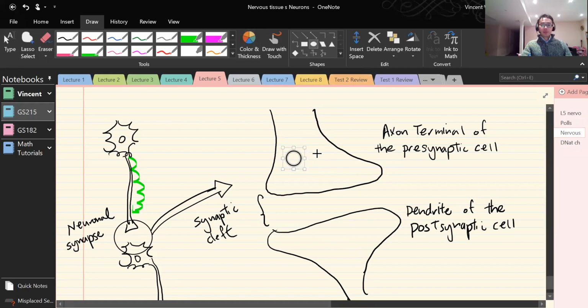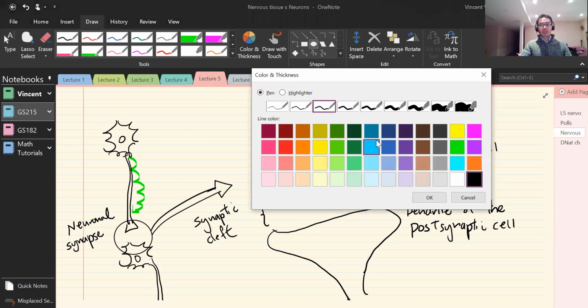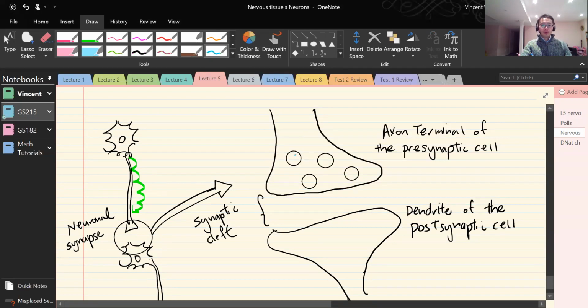So here we have some vesicles, and in the vesicles, we would have some neurotransmitters. These little blue dots are neurotransmitters.